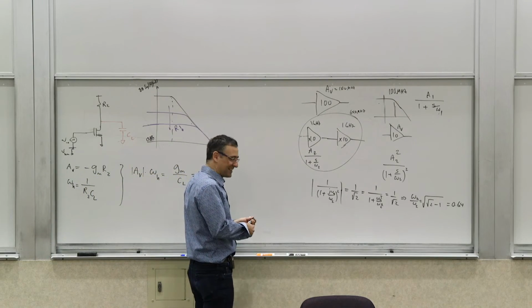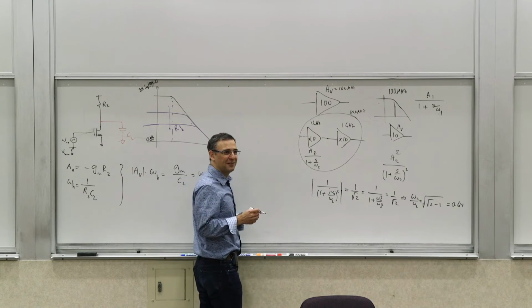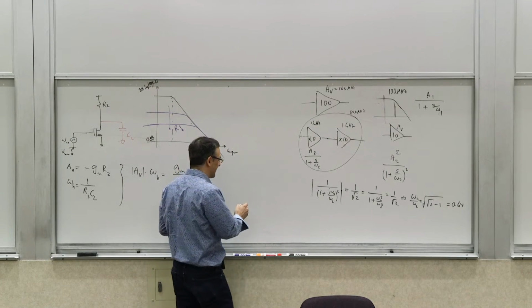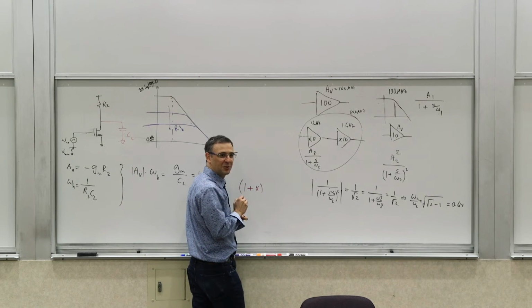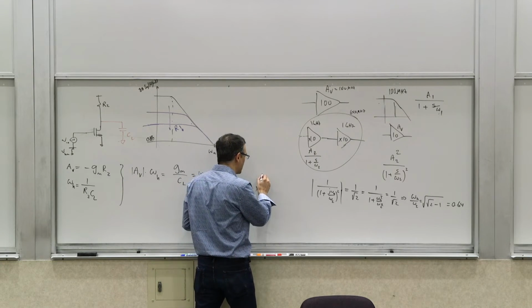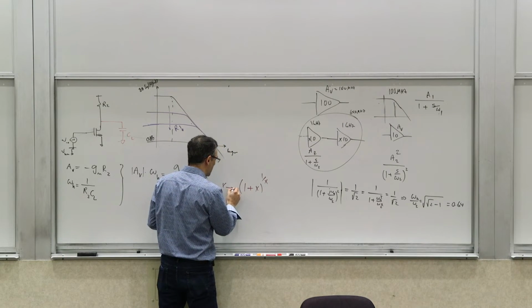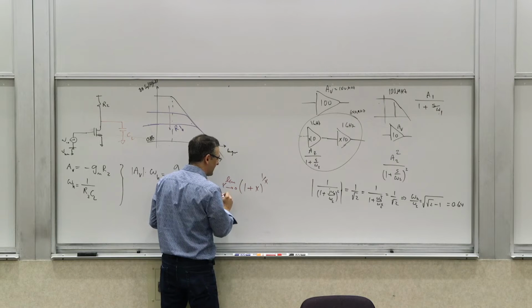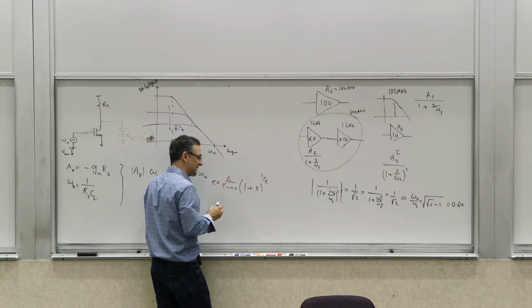Because as a side note, this is one of my favorite things. If you have infinite stages with gain almost 1, you're looking at this: 1 plus an infinitesimal, raised to the power of 1 over x, and if you take x going to 0, what is this number? This is e.